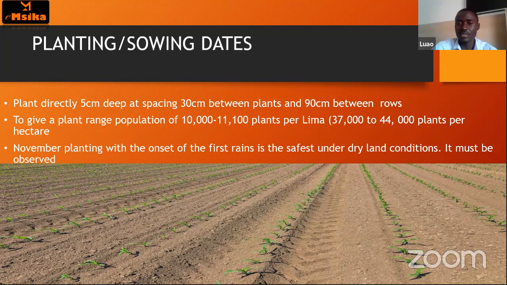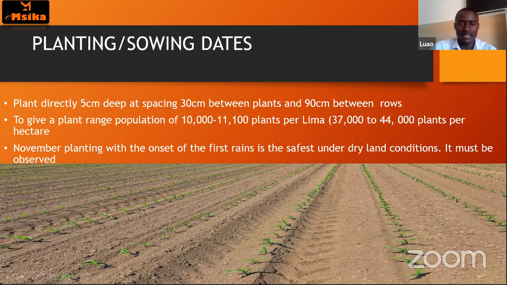Here we are talking about one plant per station. This spacing changes if you're planting 1 per station or 2 per station. If you're planting 2 per station, the spacing will increase, to about 50 between plants and 100 between rows, according to the way you're planting.